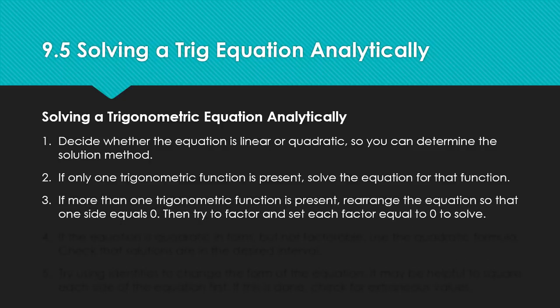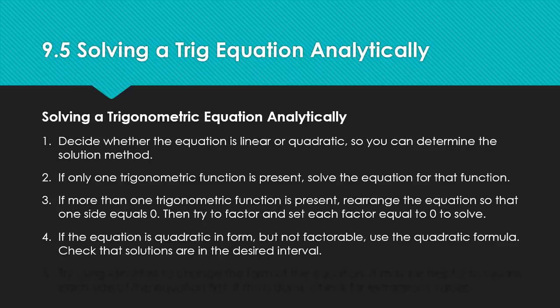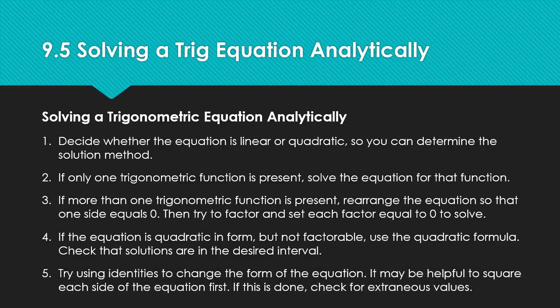If there's more than one trig function involved, rearrange the equation so that one side equals 0 and try to factor. So see if factoring will take care of it. If it's in quadratic form and you can't factor it, use the quadratic formula. And you may need to use trig identities to change the form of the equation. And they say squaring can be very helpful because it lets you use the Pythagorean identities. If you do that, you do need to check for extraneous values.